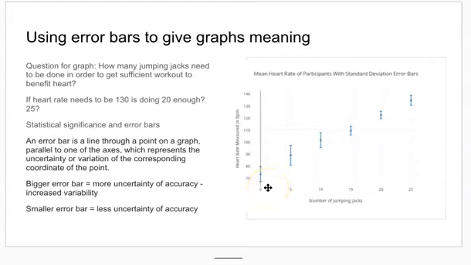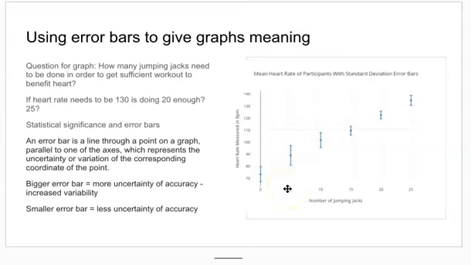Is their heart rate, okay, significantly higher doing 5 as opposed to 0, okay? And the way you tell that is it's statistically higher, okay? It is higher, okay? Their average heart rate is higher, but is it statistically higher? And the way you do that is you see whether these error bars overlap, okay?